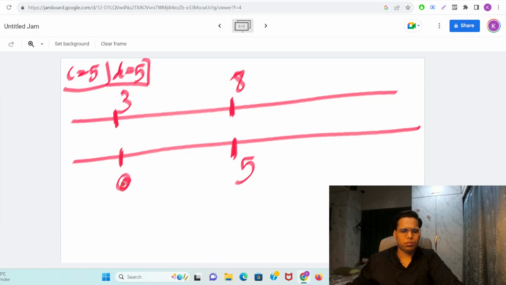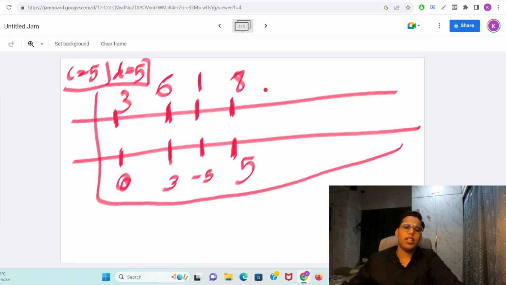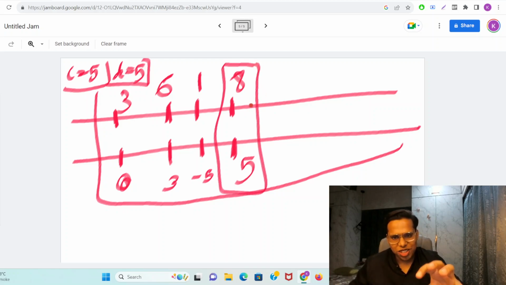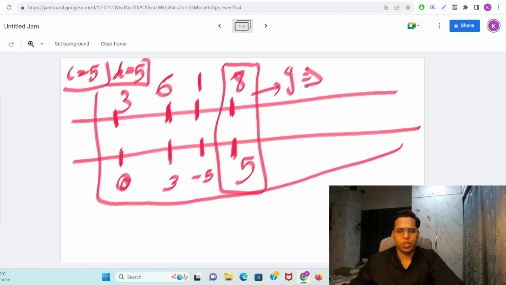This is 0. This is 6. This is 3. This is 1. This is say 5. Your array is like this, guys. Let's say you are considering this particular J index. You are considering it as J.